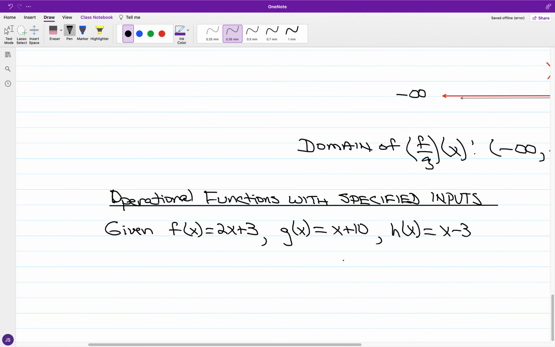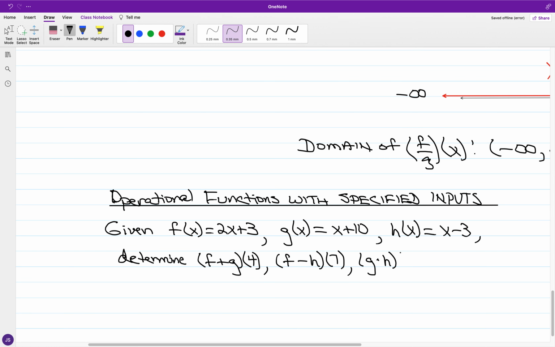Now for specified inputs, let's say you were to determine f plus g of 4, and we'll say we have f minus h of 7, and we'll say we have g times h of 5, and we'll also say we have h over f of negative 2.